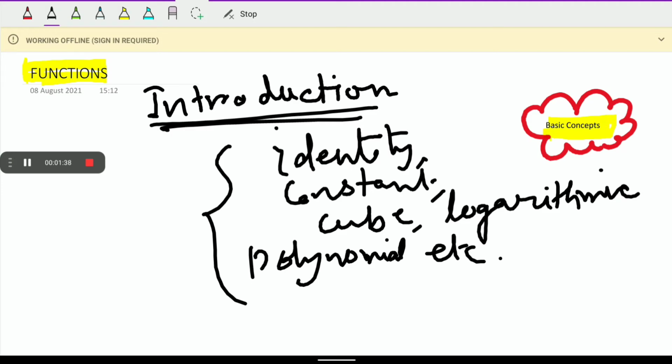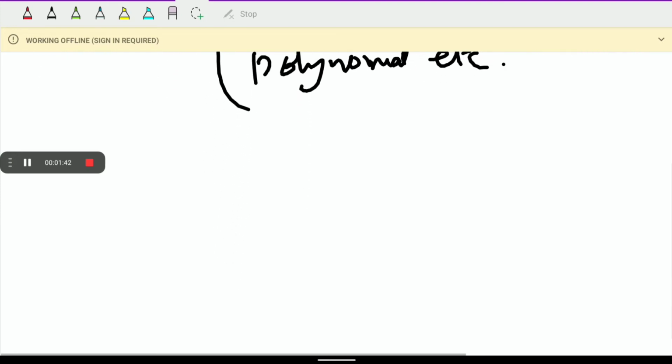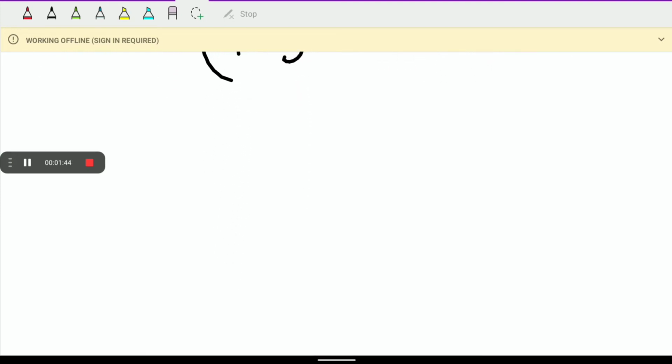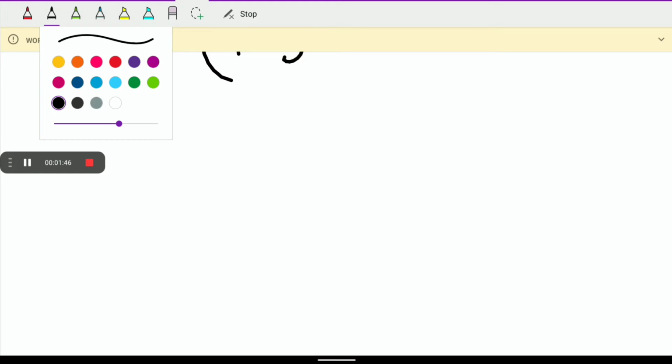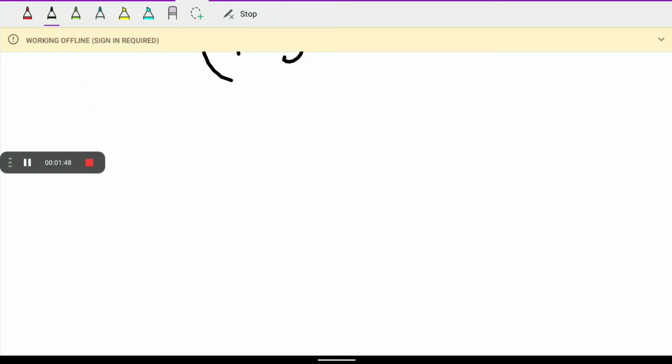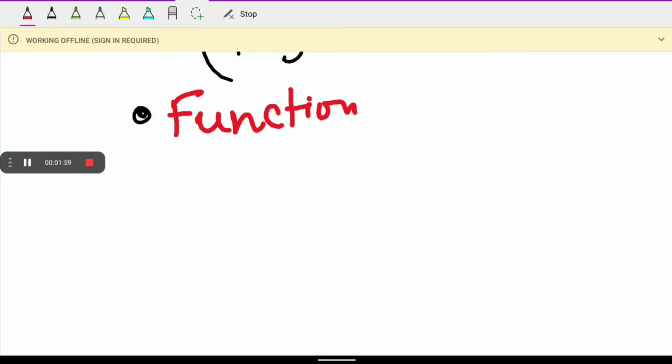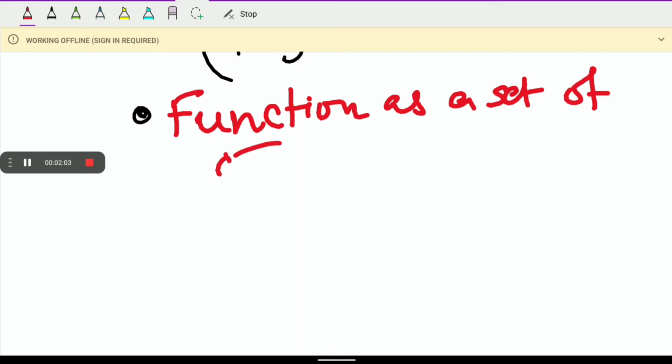So first of all, what is a function? Function recapitulation: function as a set of ordered pairs.